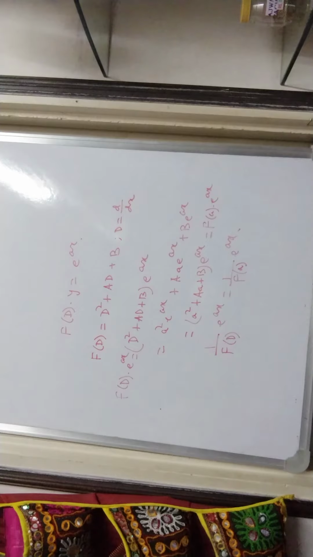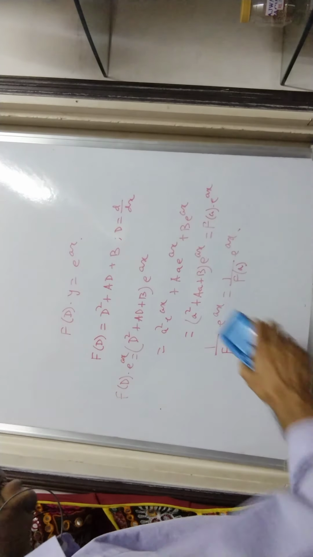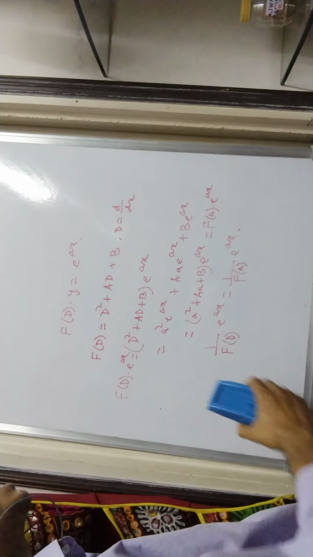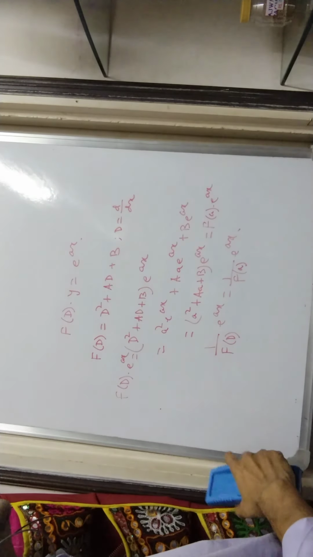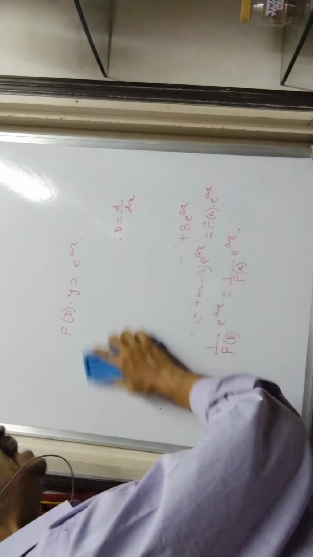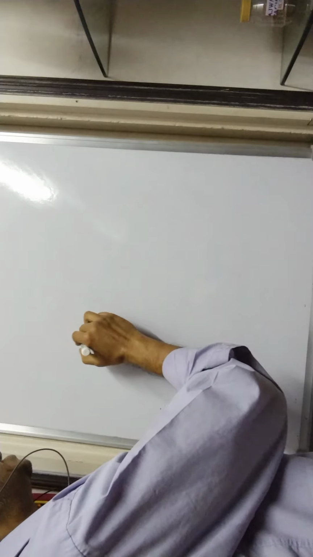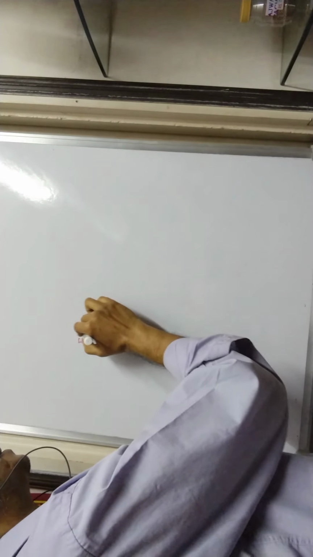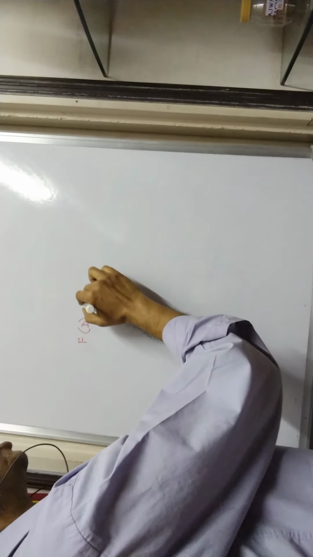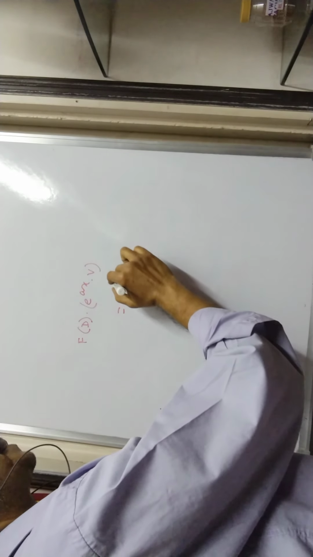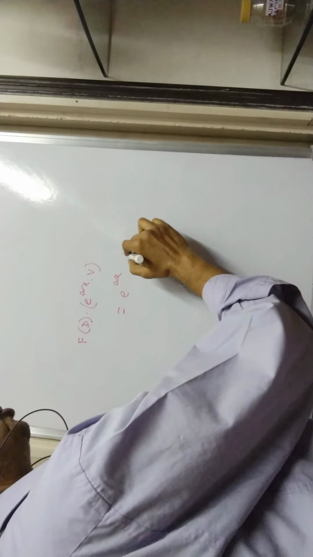Now when is f(a) 0? f(a) is 0 when this quadratic has a root a. That means this f(D) has a root same as this small a. So in that case, we apply this formula that if f(D) is operated on e to the power ax into v, we have a formula like this.